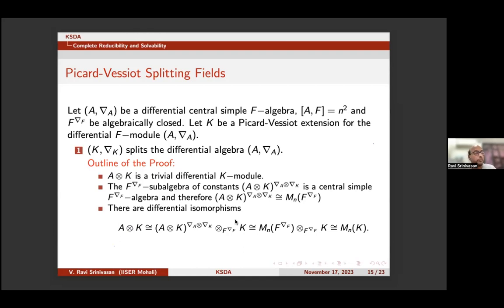If you have a central simple algebra over an algebraically closed field, then all such central simple algebras are simply matrix algebras. And that is the reason that you have this isomorphism.